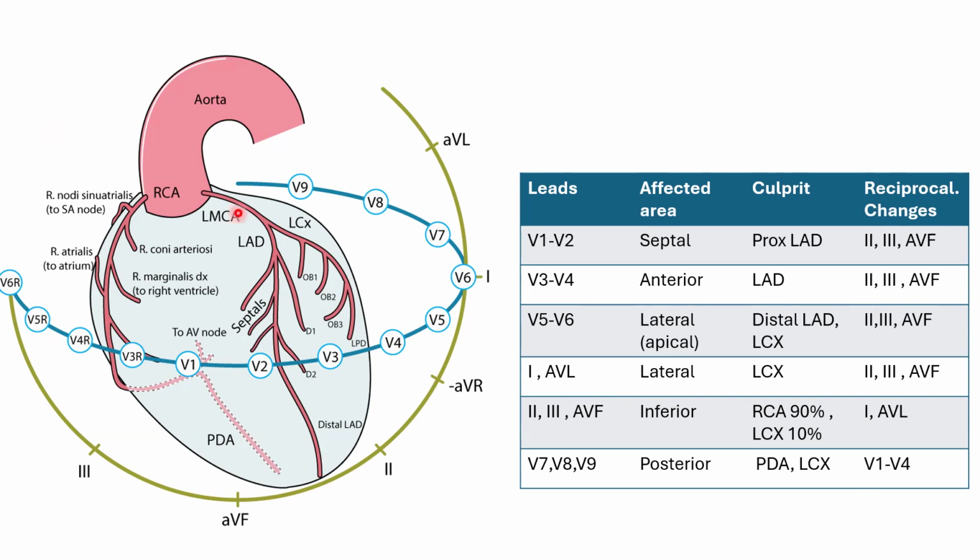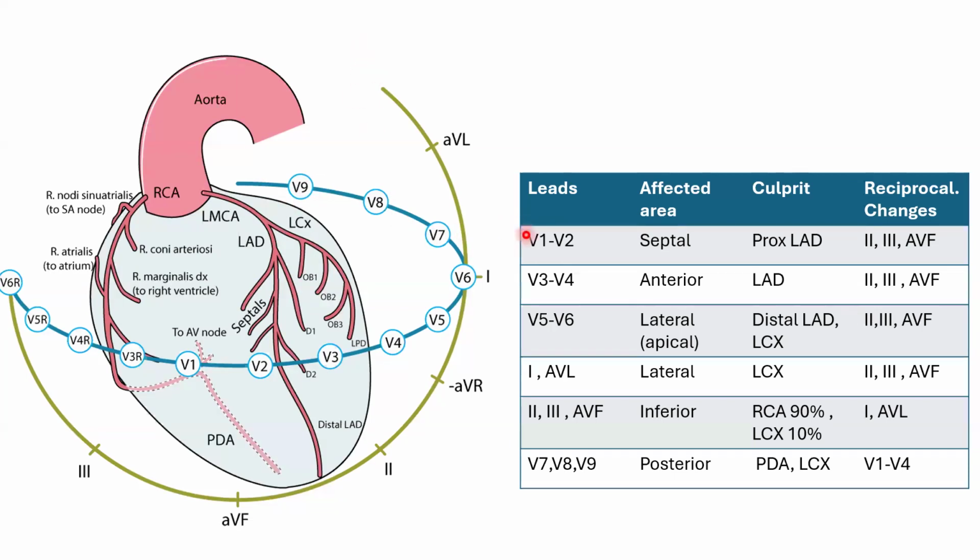We have the coronary supplies of the heart. Here we have the right coronary artery and the left main coronary artery that's divided into LAD and LCX. And we have the corresponding EKG leads. So when we have an ST elevation in the corresponding EKG leads, it could tell us the affected area and also the artery that is the culprit of these ischemic changes.